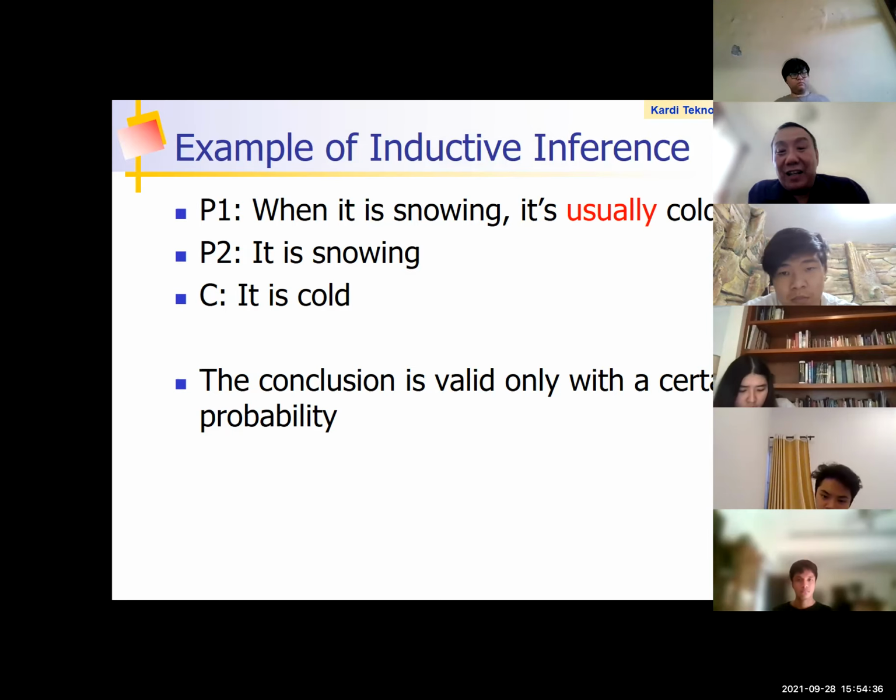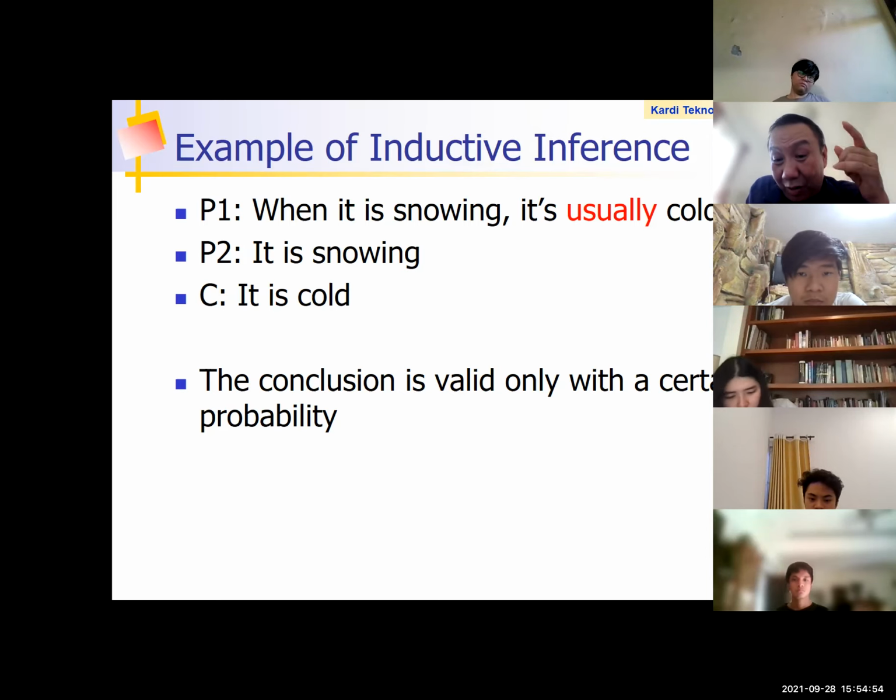Now let's change that a little bit. When it is snowing, it's usually cold. Okay. P2: it is snowing. Conclusion: it is cold. Now, almost the same, right? The only difference is the word usually, right?